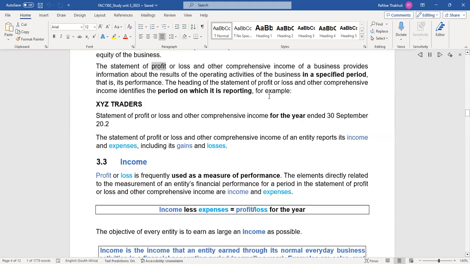The statement of profit or loss and other comprehensive income of a business provides information about the results of the operating activities of the business in a specified period, that is, its performance.